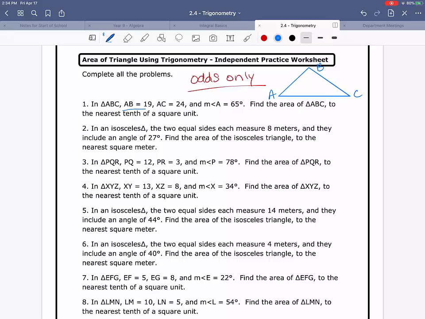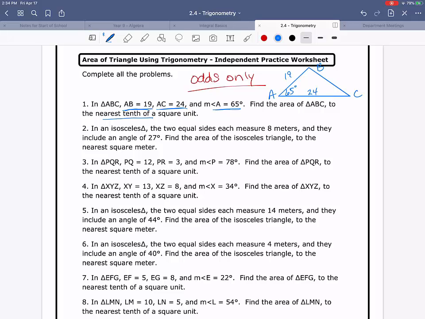When it says AB equals 19, that means the side connecting the A and the B angle. That's the 19. AC equals 24, so the side connecting the A and the C, that's 24. Measure of angle A is 65 degrees. That's pretty self-explanatory. And now you're ready to go. Write the formula the right way. Everything is set up the way it needs to be. Plug it in. Notice it says nearest tenth, so that's 1 decimal place.